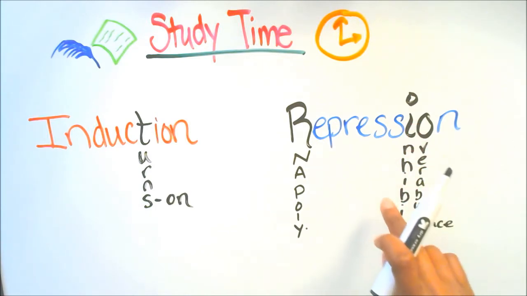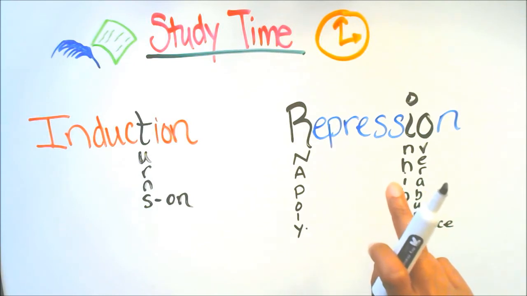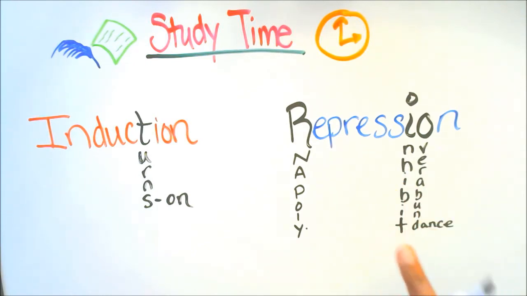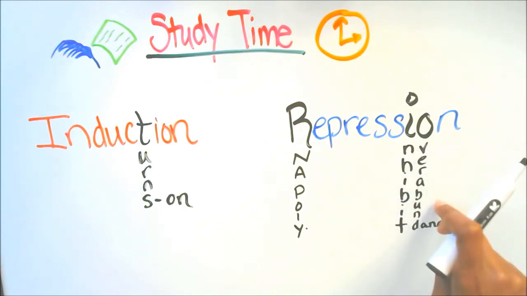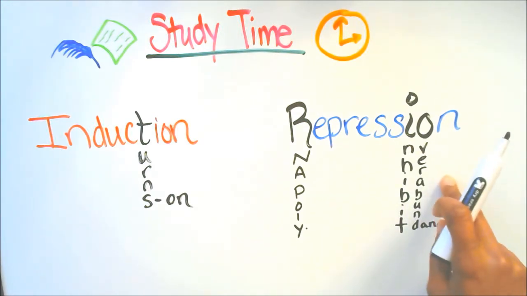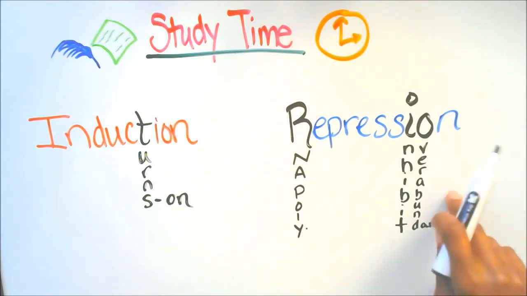We have I for inhibit, so that gene expression is inhibited and there is a decrease in synthesis of enzymes. And then we have O for overabundance. It responds to the overabundance of an end product of a metabolic pathway.